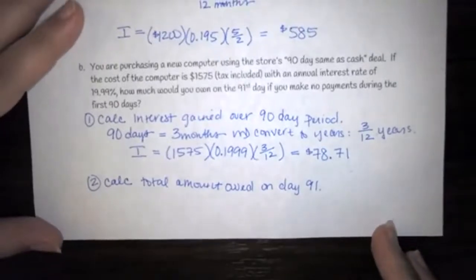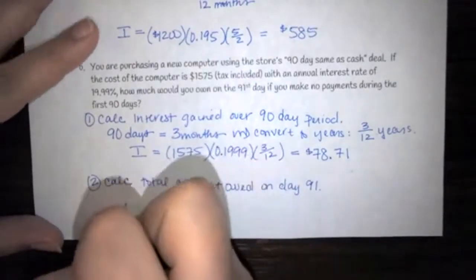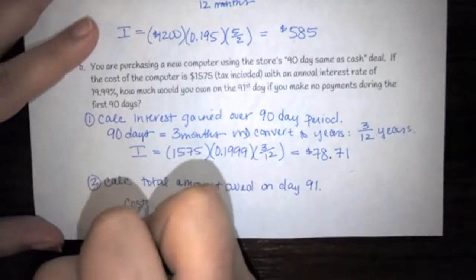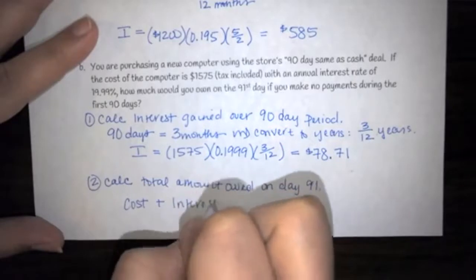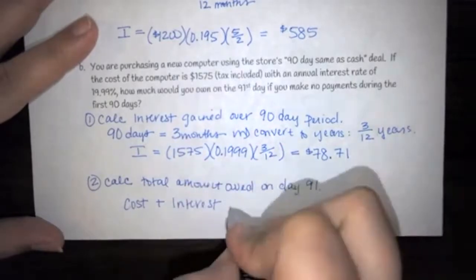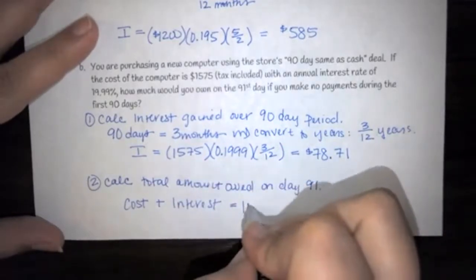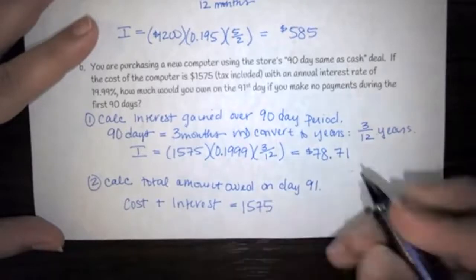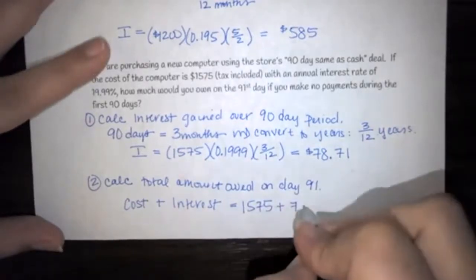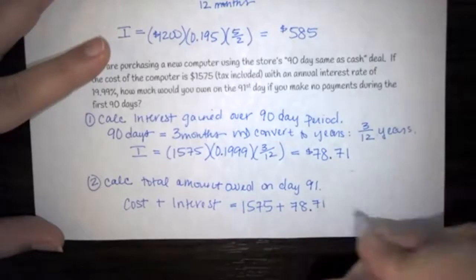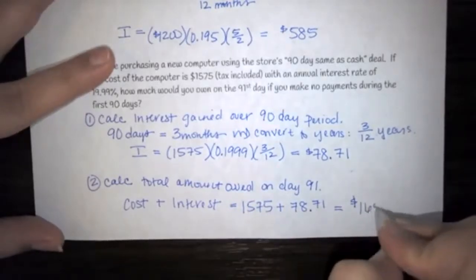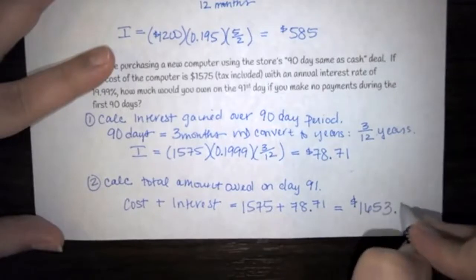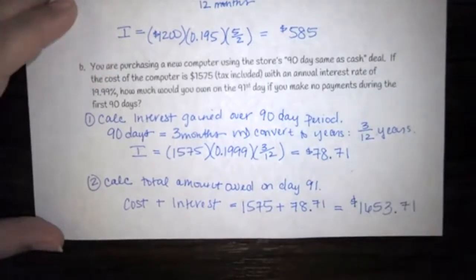So in order to do that means we have to take your cost plus your interest. Well, here my cost was the $1,575. My interest was $78.71. Is going to give me a total of $1,653.71.